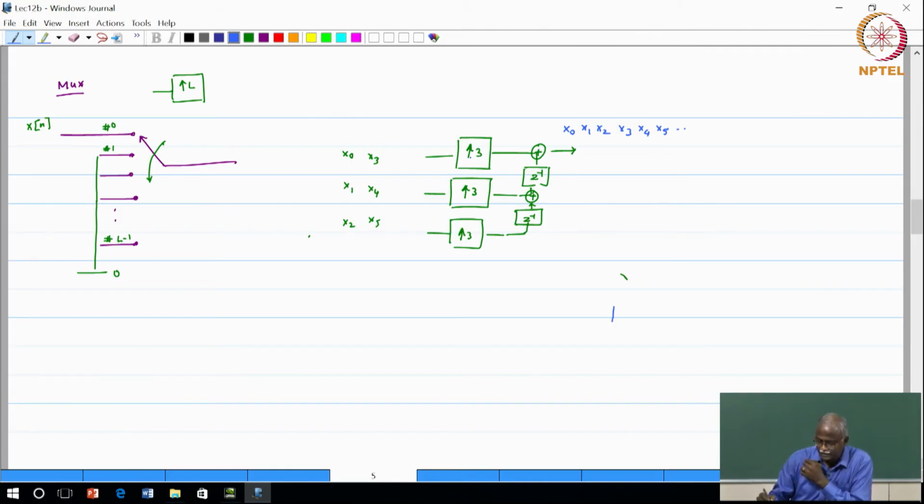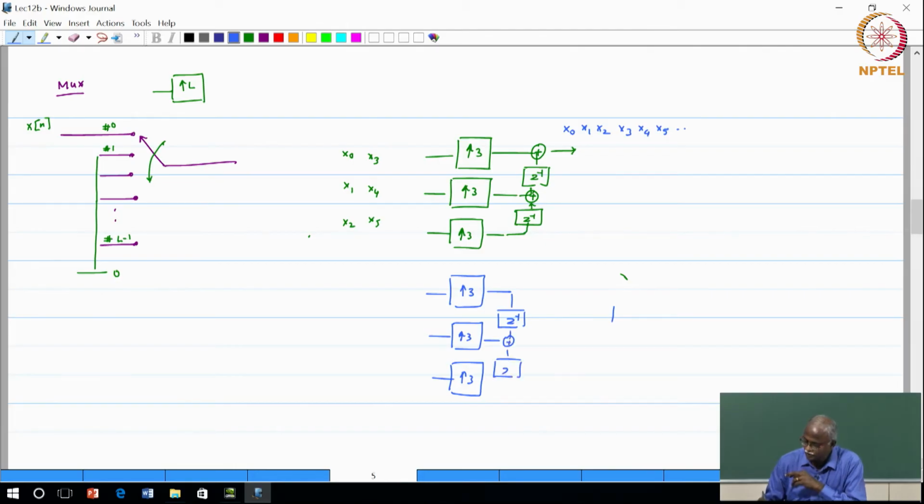Now if these signals had gone in the other direction, basically the arrows had gone in the other direction. This is upsampling by a factor of 3, upsampling by a factor of 3, upsampling by a factor of 3, okay, and it goes in this direction, Z inverse, okay, add, okay, what would this produce?